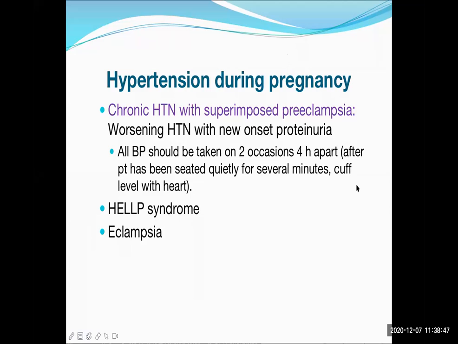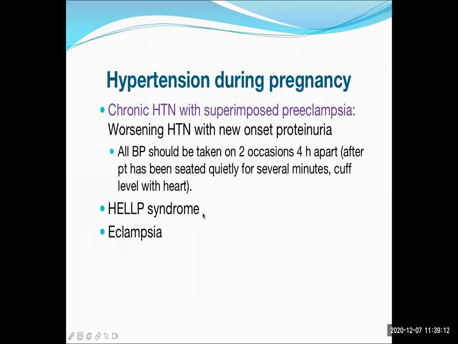Now, we should take at least 2 readings, okay, and there should be a considerable gap, at least 5 minutes in the normal clinical practice. But this is a special type of case, and usually these people are admitted in the hospital, so taking blood pressure 4 hours apart is not that difficult for us. Okay, so this is the procedure.